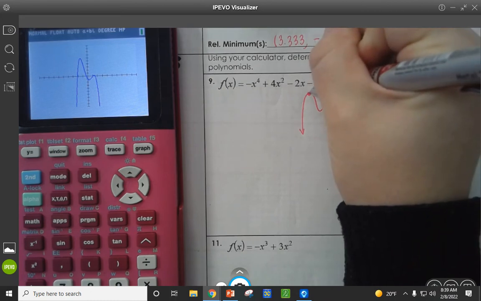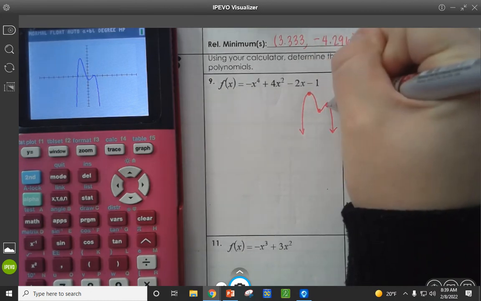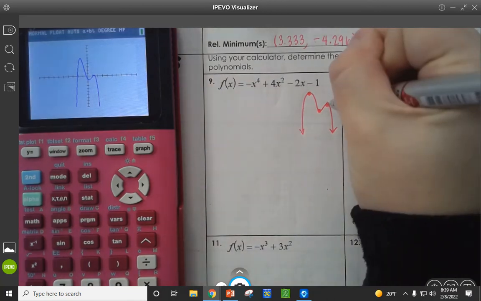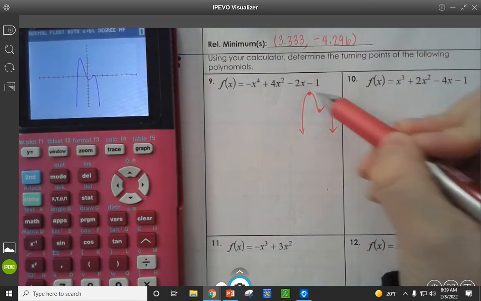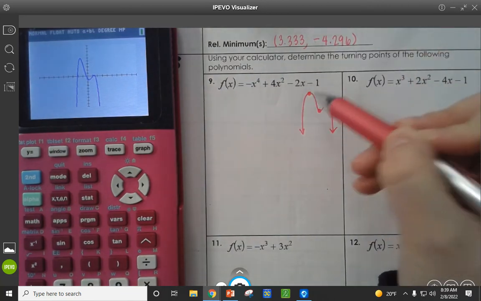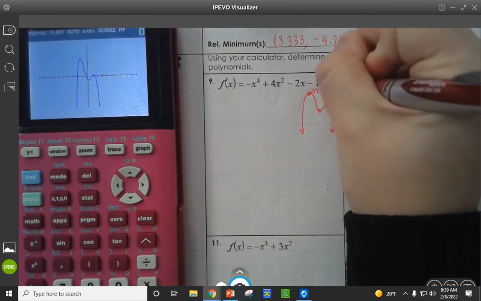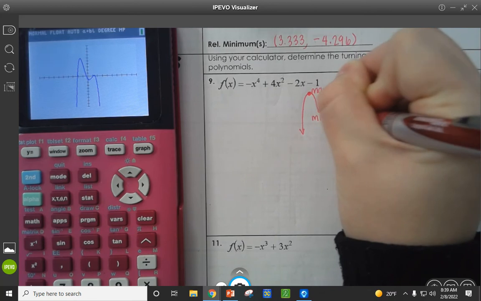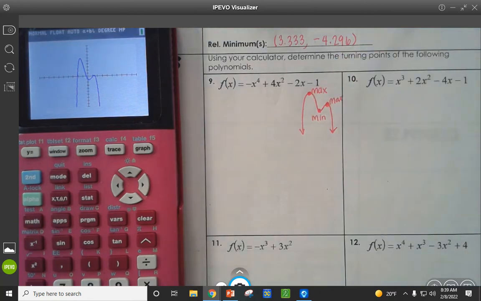And I want you to mark the points and put max or min beside them. So these two, because they're at the top of the hill, would both be a max. And then this one would be a minimum because it's down in the valley.